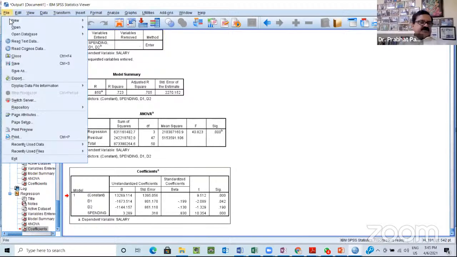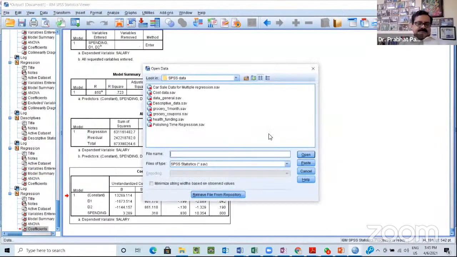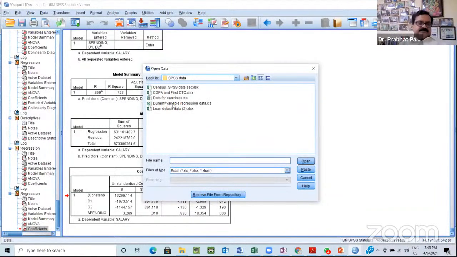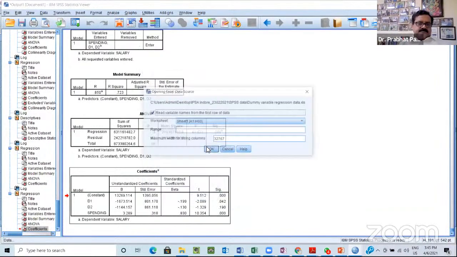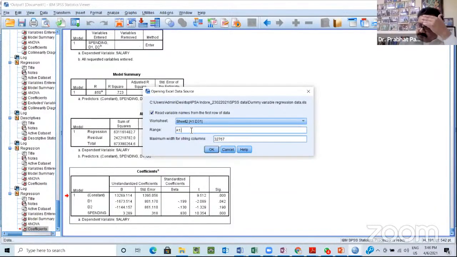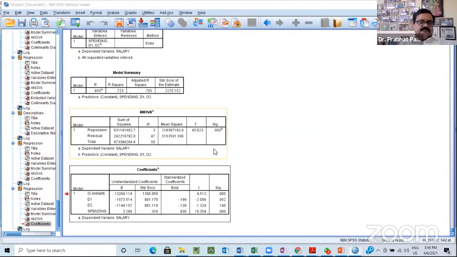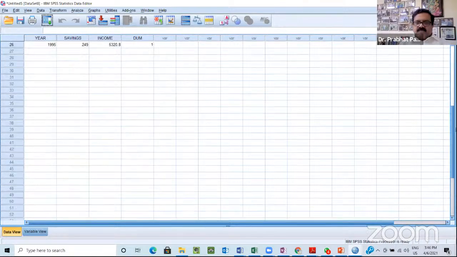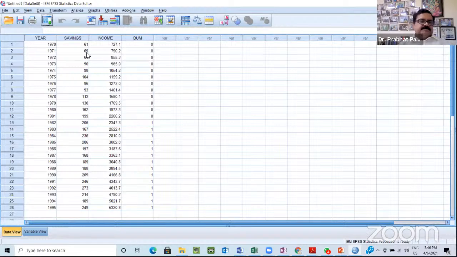So let me now go back to the new data set. So here is a new data set.